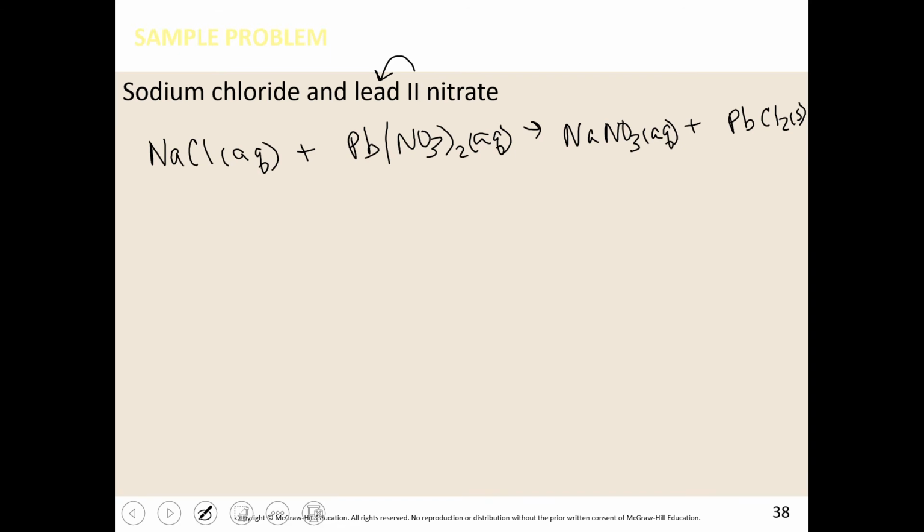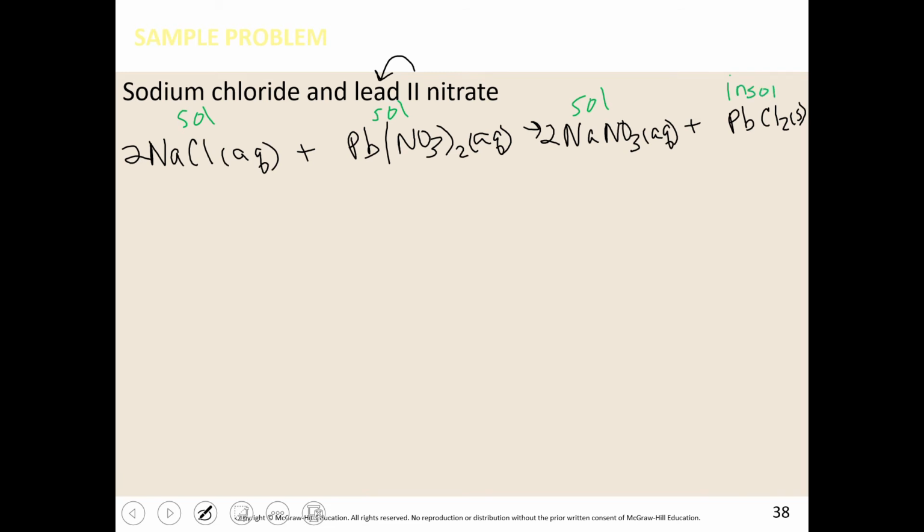All right, so now let me just make sure I'm balanced, and I'm not, so I need to put a 2 there and a 2 here. All right, so I know that this is soluble, soluble, soluble, insoluble.